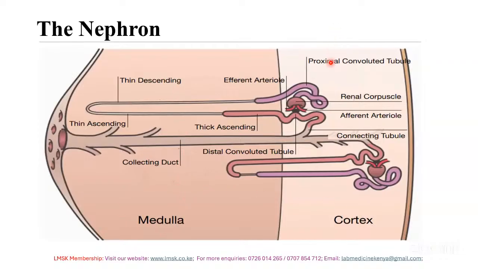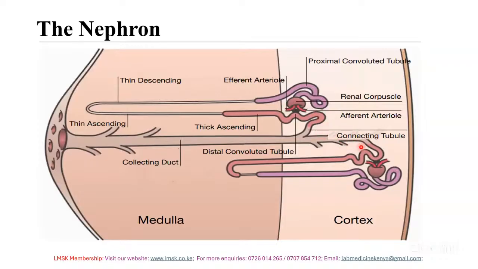So the cortex is where this structure is, including the proximal convoluted tubule here, the Bowman's capsule, which is the renal capsule, and the afferent and the efferent arterioles. We have the ducts.